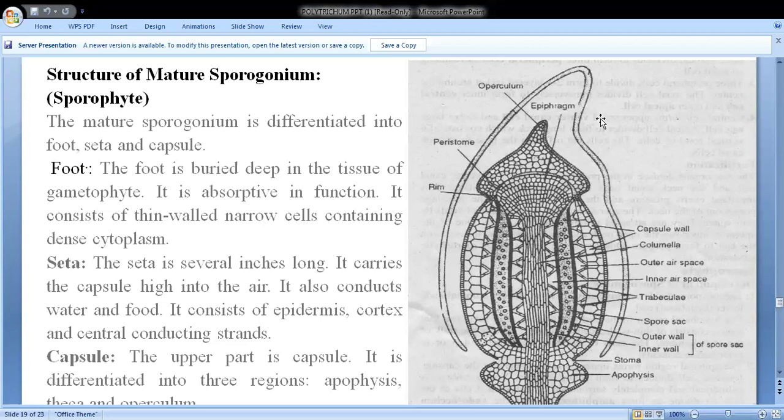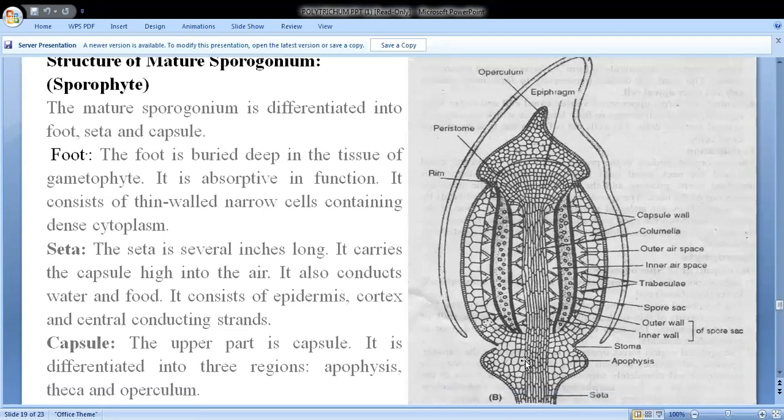The basal part of the capsule attached to the seta is called the apophysis. See here, this is the apophysis, the fertile part is called the theca, and this cap-like structure is called the operculum. These three parts are observed in the capsule.